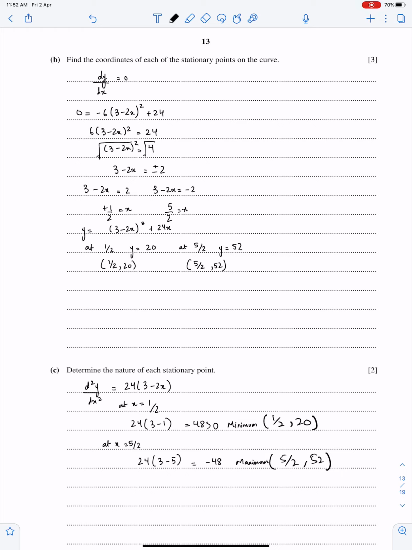That means this point is a minimum, because positive means minimum. And at this particular value of x, the second derivative is negative. Therefore, this point is a maximum. So if the second derivative is positive, the point is a minimum. If the second derivative is negative, the point is a maximum.